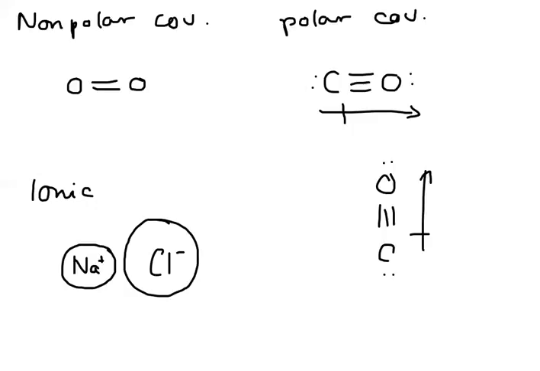So, for example, with O2, this is a nonpolar molecule. So you would have no polarity arrow, and you would write no polarity arrow or nonpolar or something to show you are aware that this is a nonpolar molecule. If you say nothing, I'll assume you forgot about the polarity arrow part. So you either draw an arrow or you say no arrow or nonpolar. Does everybody understand that? Okay.